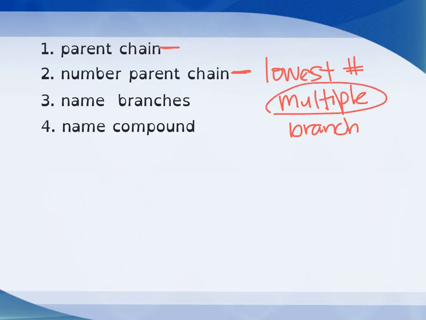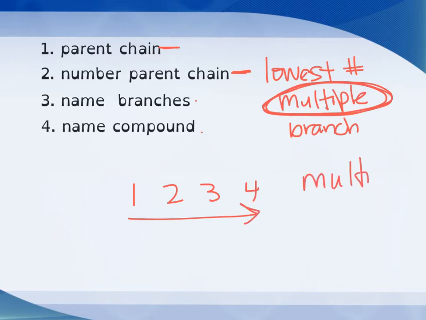Typically, the multiple bond will take priority, and you don't change the numbering after you've already numbered it. Once it's established, you just count it as it is. Then you're going to name your branches, and then you're going to name the compound as a whole. So if you need to number it 1, 2, 3, 4 in this direction to get the multiple bond at the lowest position, that's what you're going to do.